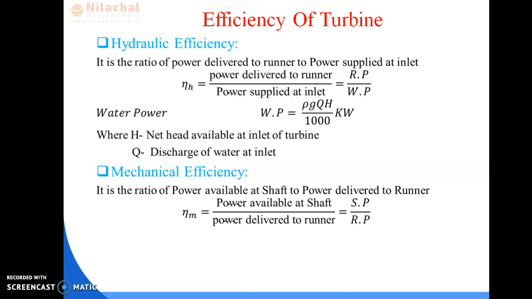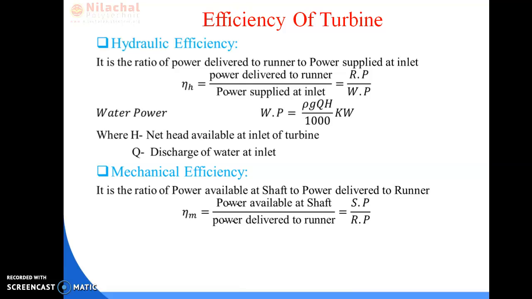In the case of hydraulic efficiency, we have seen that for a turbine unit there is a penstock. At the penstock the water is produced at a high kinetic energy, and that high kinetic energy of water strikes upon the blades of the runner.